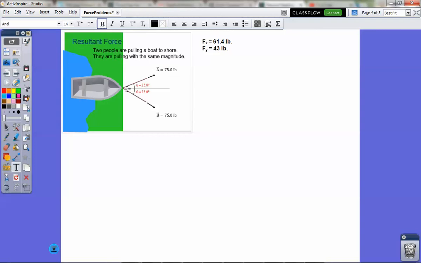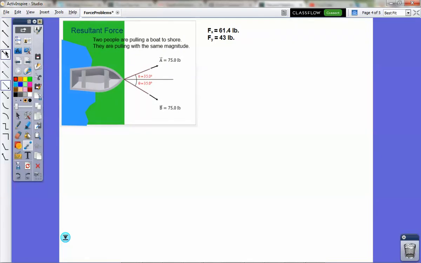Look at force B real fast. That's also a 35-degree angle. But what's the difference between force B and force A? The magnitude is the same, but what's different about it? Well, take a look at the direction it's going.